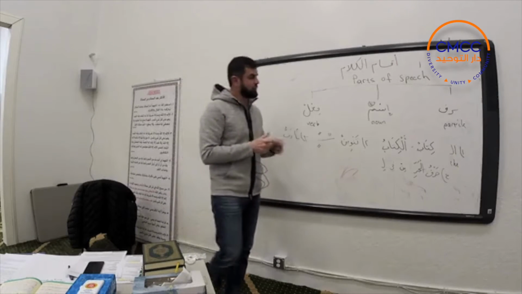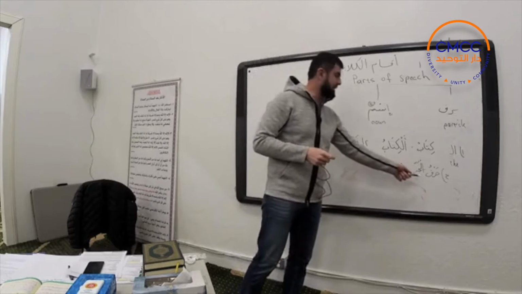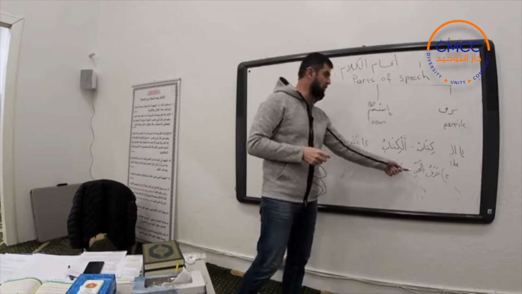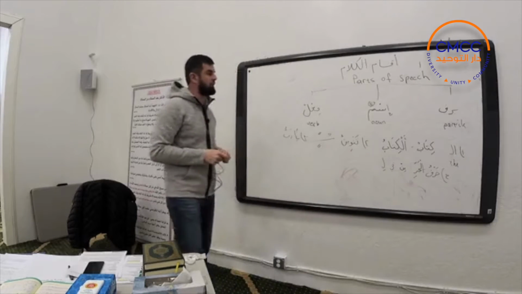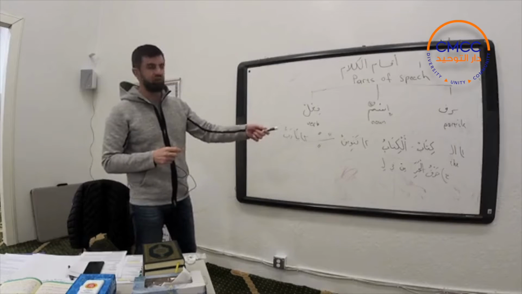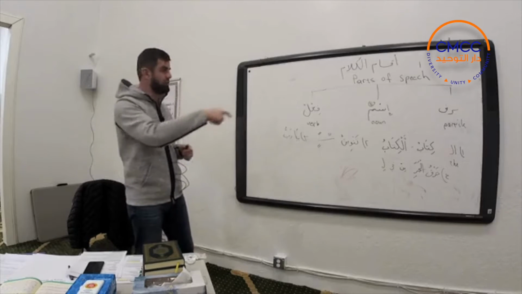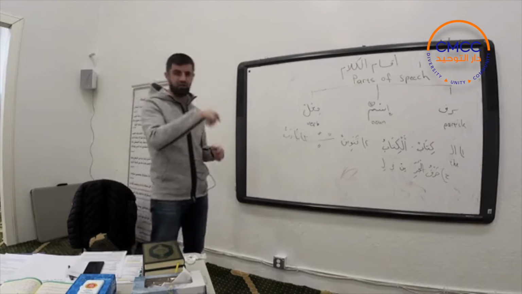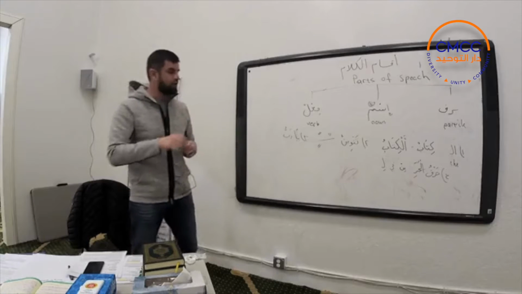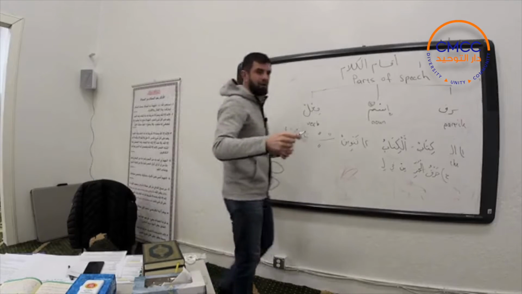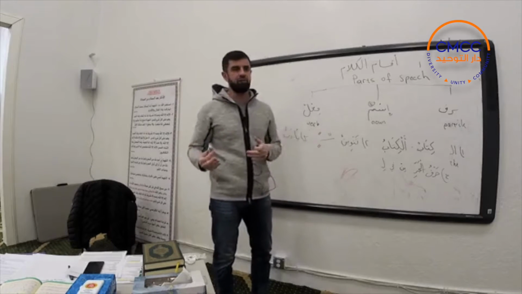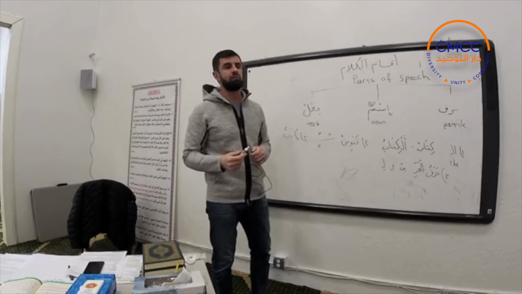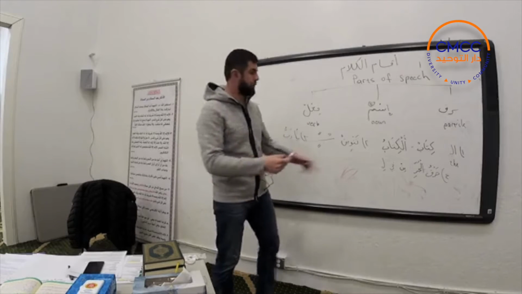We will talk about it later, but there are some functions of huruf al-jar, these prepositions, what they do to the nouns or adjectives. Can we bring some examples from the Quran for huruf al-jar?